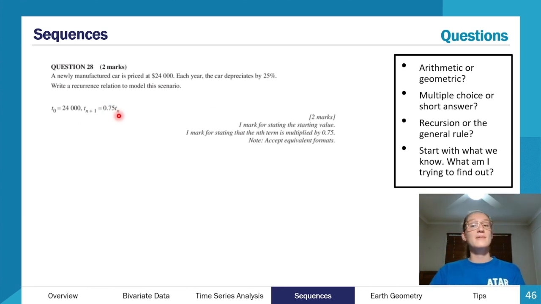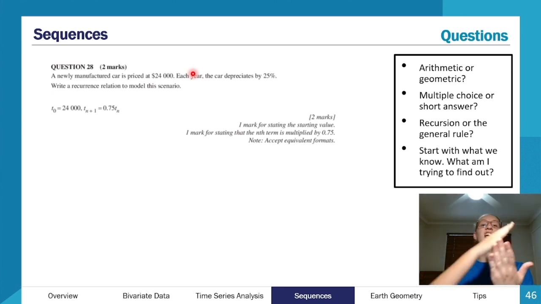So hopefully from that you've been able to figure out that this is a geometric sequence because the car's depreciating by 25% each year. So we need to use a common ratio to model that. If it was depreciating by a fixed value, if it was depreciating by $500 every year, then we'd know to use an arithmetic sequence because all we're doing is taking $500 off the value each year.